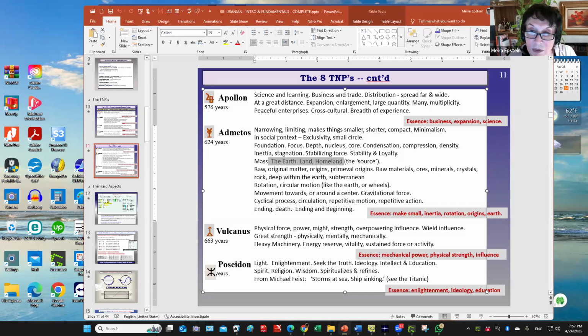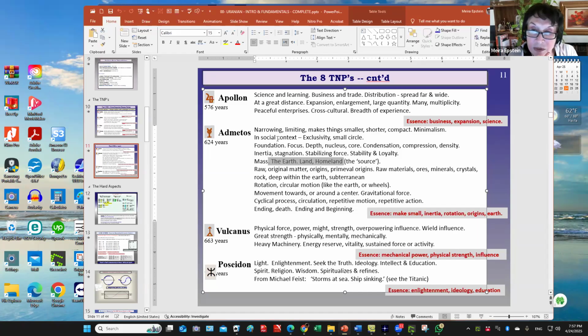Narrowing, limiting, makes things smaller, shorter, compact, minimalism. By the way, for each one of these keywords, I have charts in my head where I think I've seen it at work. What I'm trying to do now is give you a gist of the keywords themselves, but I've seen all of them work, including my own chart.